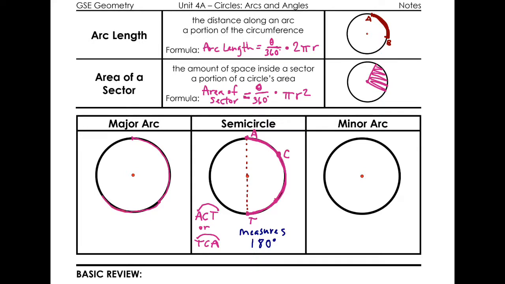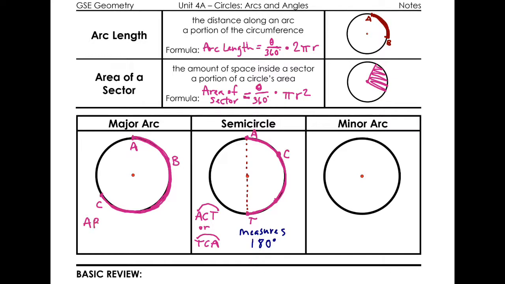Tracing is kind of getting bad there, but notice I am just going more, trying to make it a little darker than that line behind it, more than half the circle. And you absolutely have to name this with 3 letters. That way we know we're talking about a major, not a minor. So 3 letters to name a major arc.